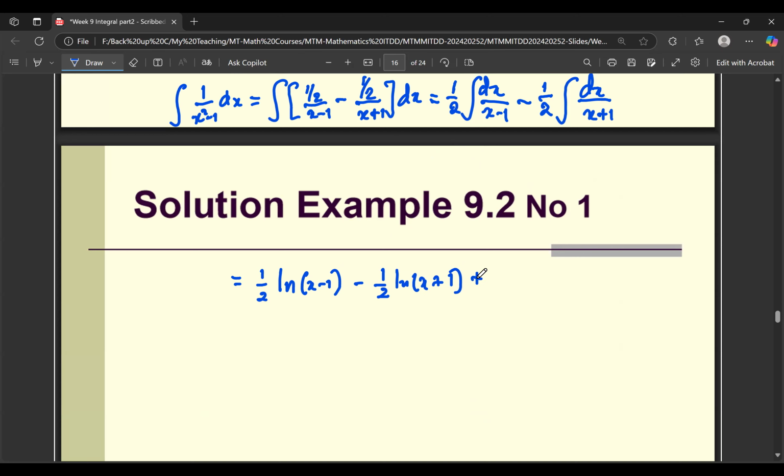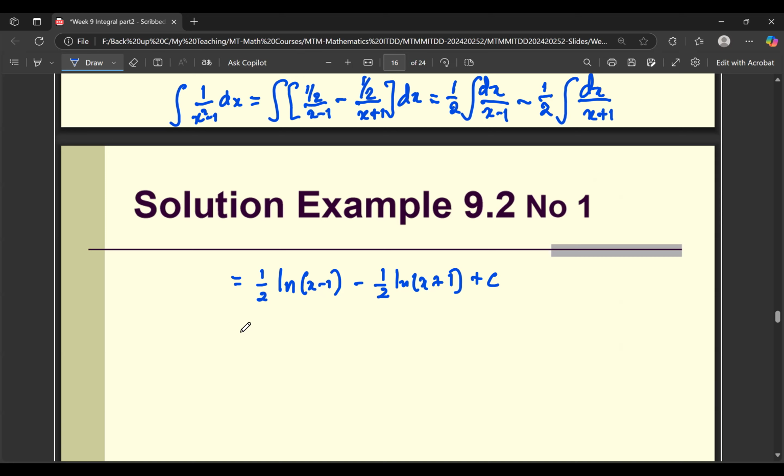You maybe know that in logarithms, the logarithm of a division can be a subtraction of the numerator and the denominator.